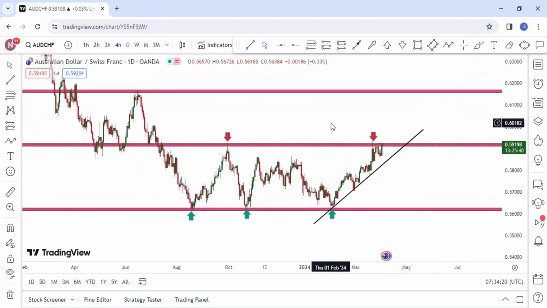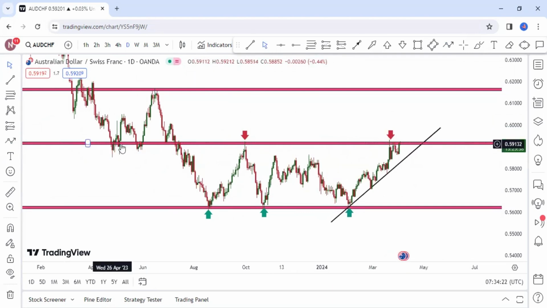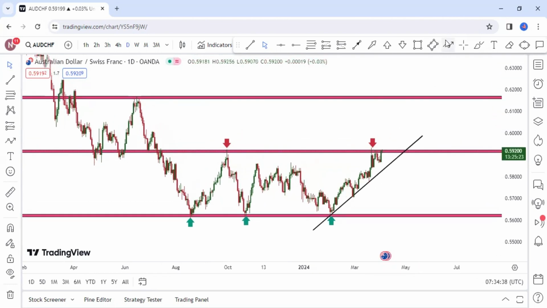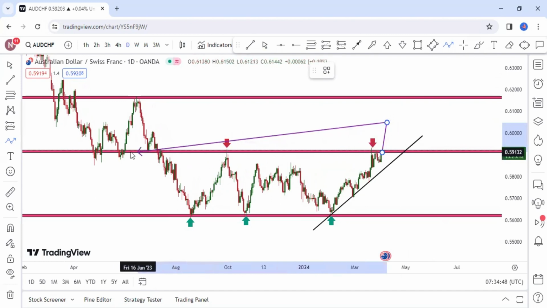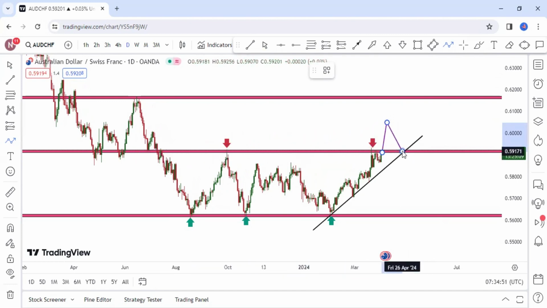The second confluence that I'm expecting, as you can see, the market respected this zone so many times. It has respected here, here, here, and here, and also it's respecting at this place. So on my second confluence, I'm expecting this market to break this zone to the upside, and also to retest this zone, maybe around this place.